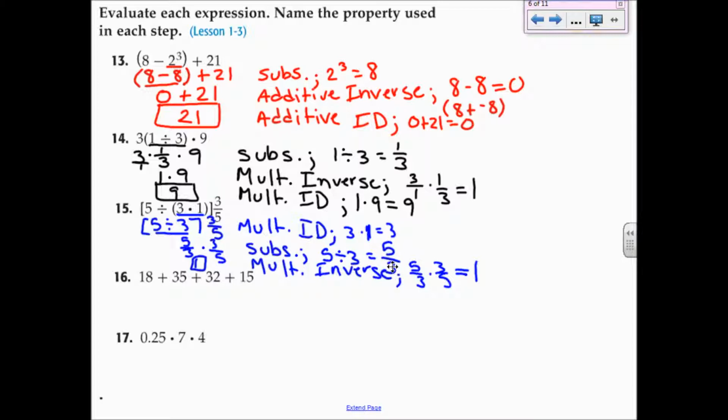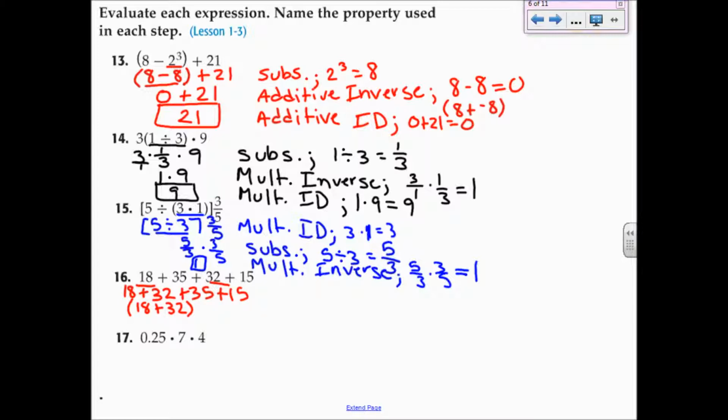Number 16, I'm going to change the order of things to make it go a little bit easier. When I see an 8, I'm hoping to find something that ends with a 2, so they'll make a nice even 10. So I'm going to put 18 plus 32 plus 35 plus 15. So 18 and 32 I want to do together.